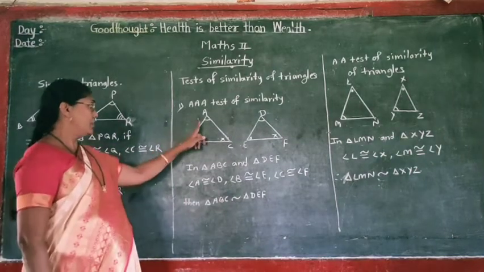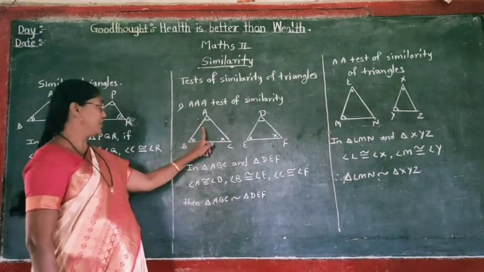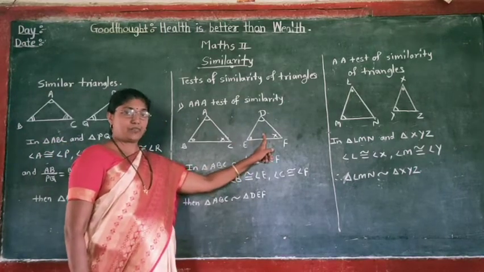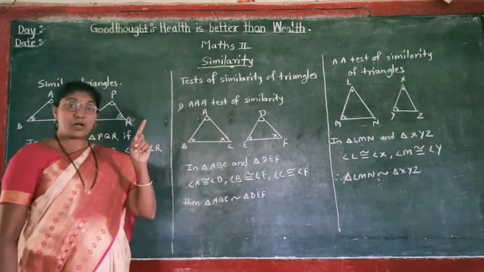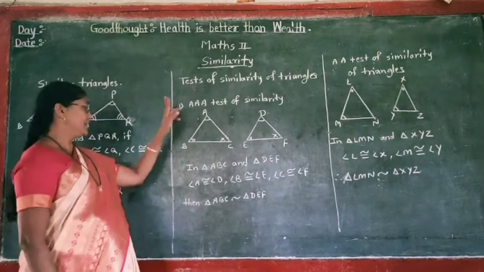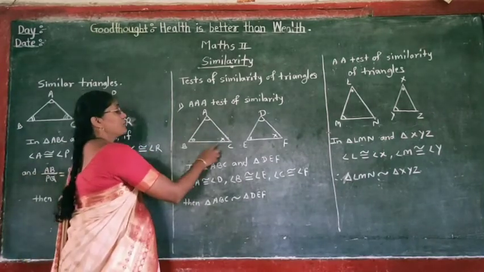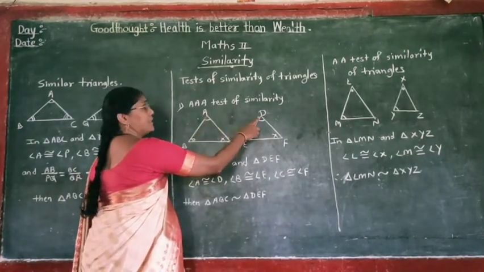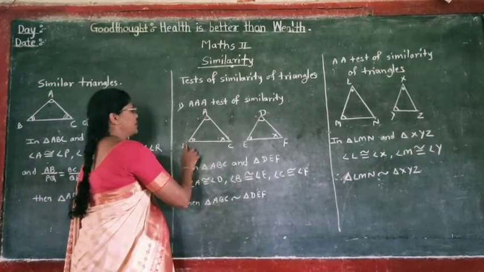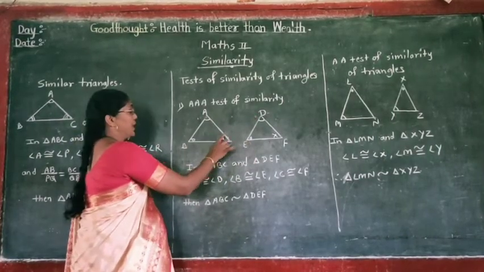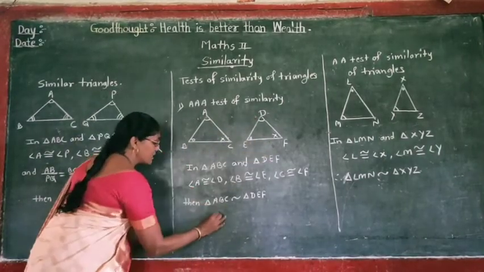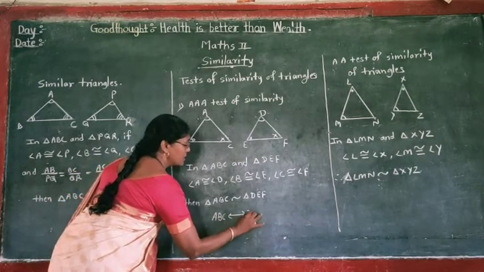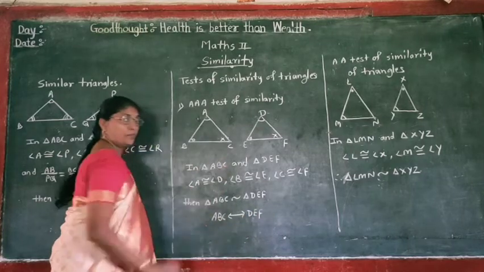See, in this figure, here is triangle ABC and here is triangle DEF. For a given correspondence of vertices, A and D are the corresponding angles, B and E are the corresponding angles, C and F. That means ABC has a one-to-one correspondence with DEF.